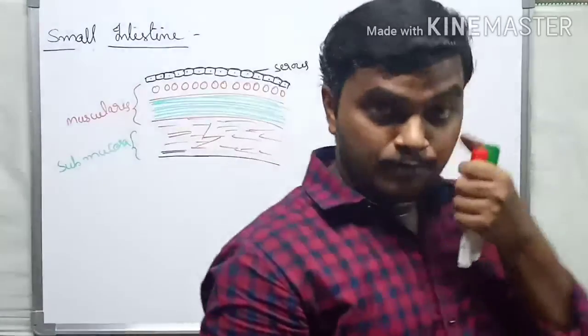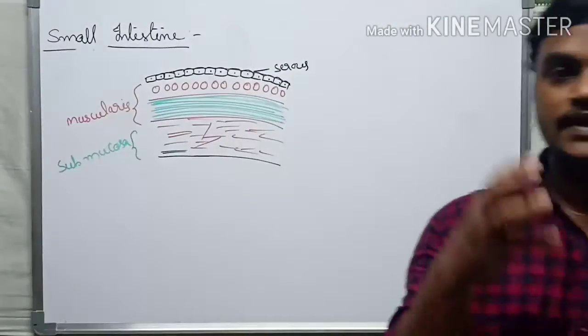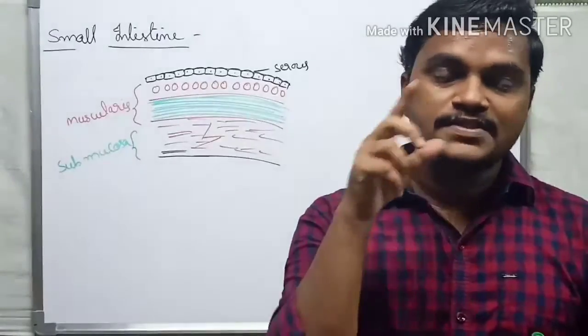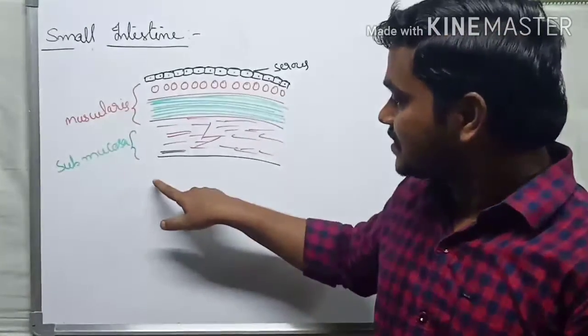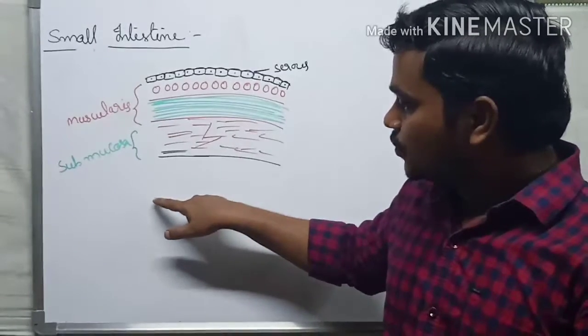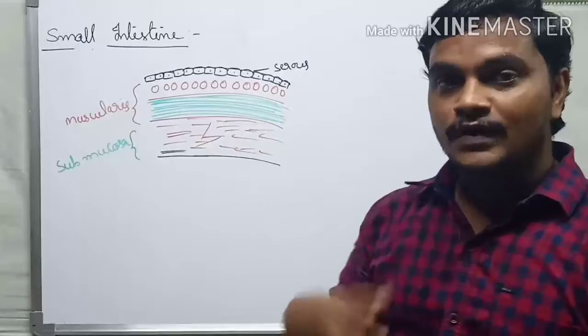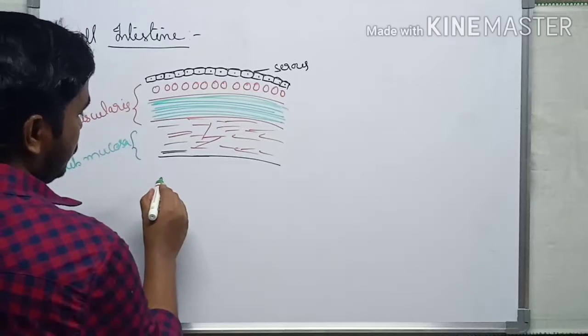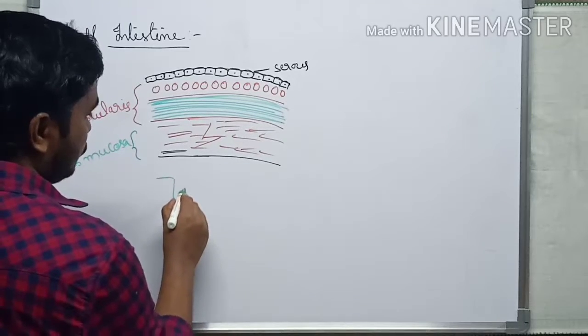In the mucosal layer, our intestine consists of some columnar cells. The foldings of the inner layer are like column cells, and those are called villi. Villi are useful for increasing absorption. So the innermost layer is the mucosa, consisting of villi.